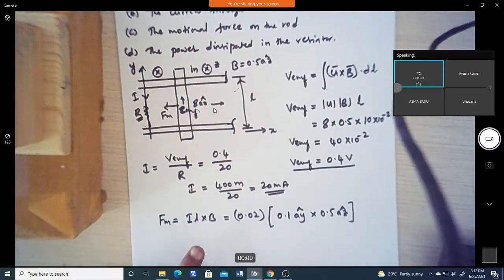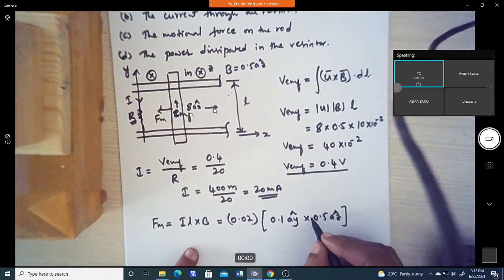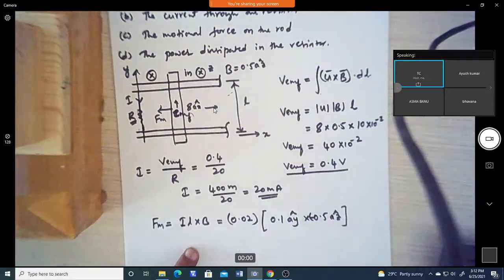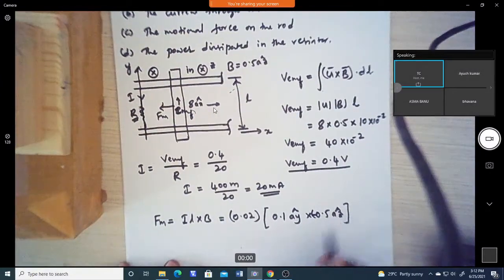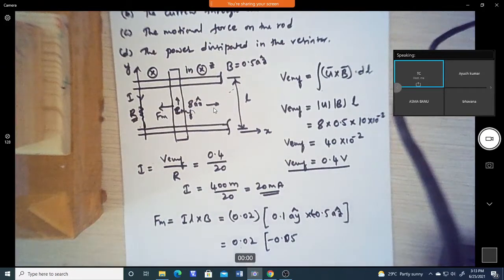So this is minus 0.5 because it is going into the page. The result is 0.02, and if you multiply these magnitudes you will get minus 0.05. AY cross AZ will give minus AX.